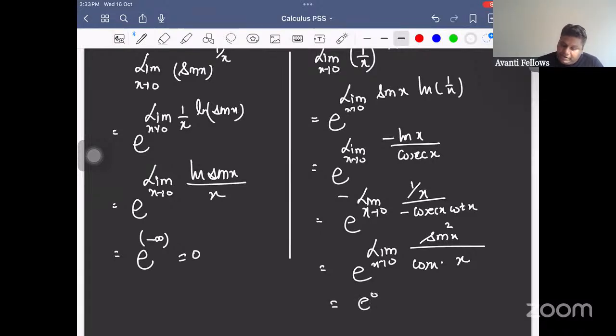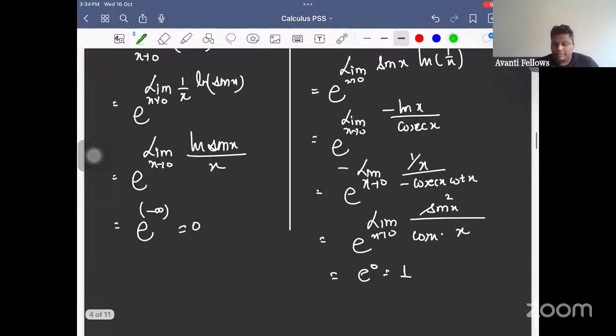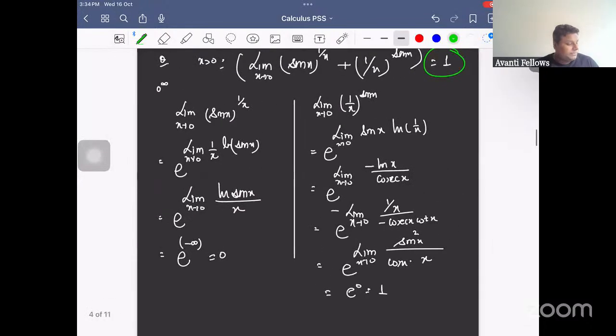So it is e to the power 0, whose answer is 1. So answer of this limit is also 1. Have a look. Very important and very good question. Got it?